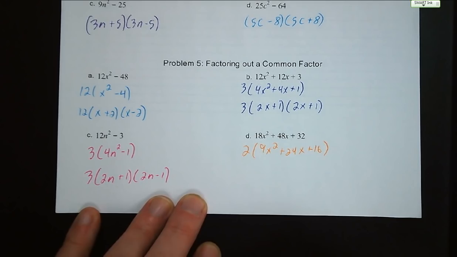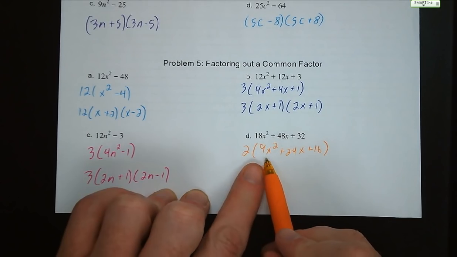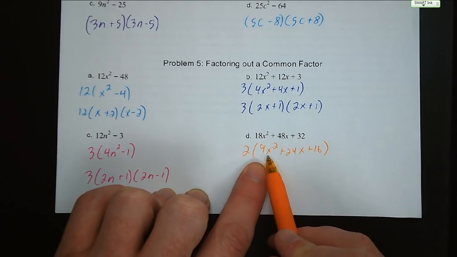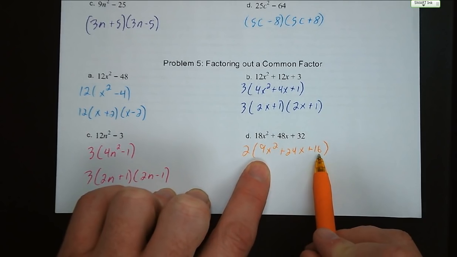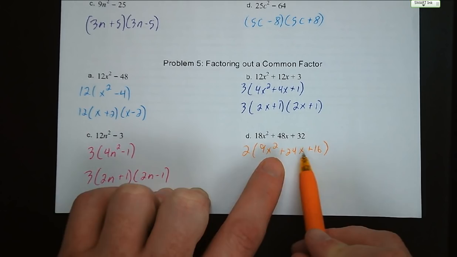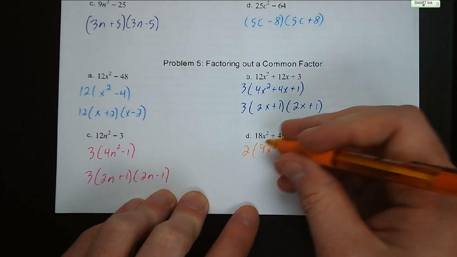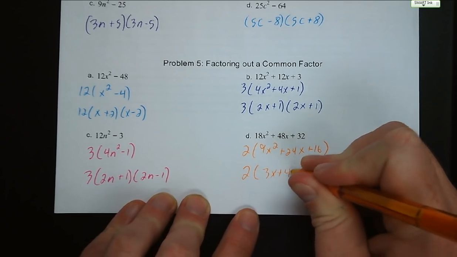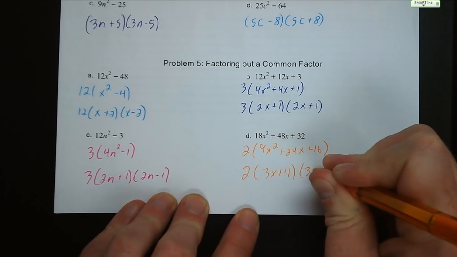Okay. Perfect square. So that would be 3x, that would be 4. 3 times 4 is 12, 12x. Doubled, 24x, yes. 2 times 3x plus 4 times 3x plus 4.